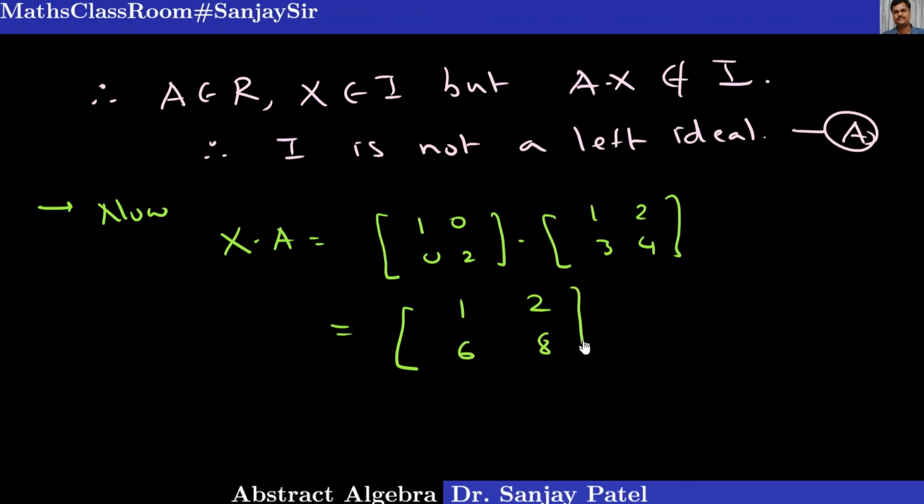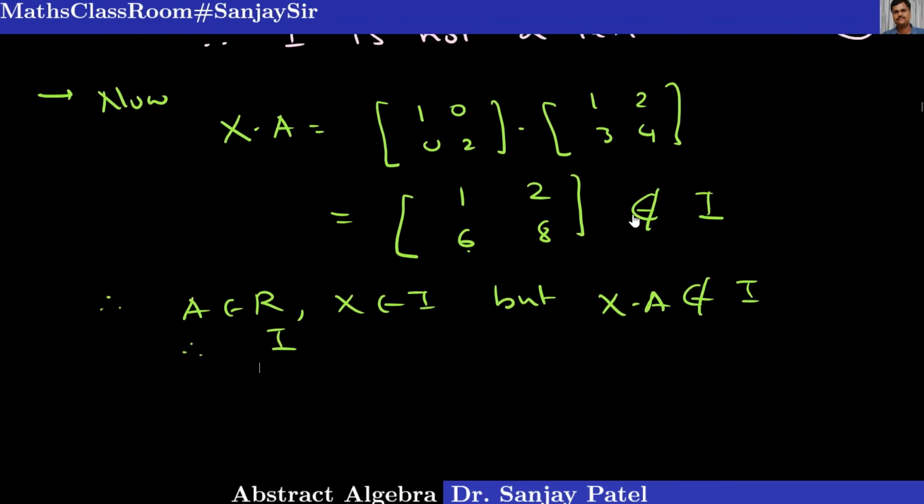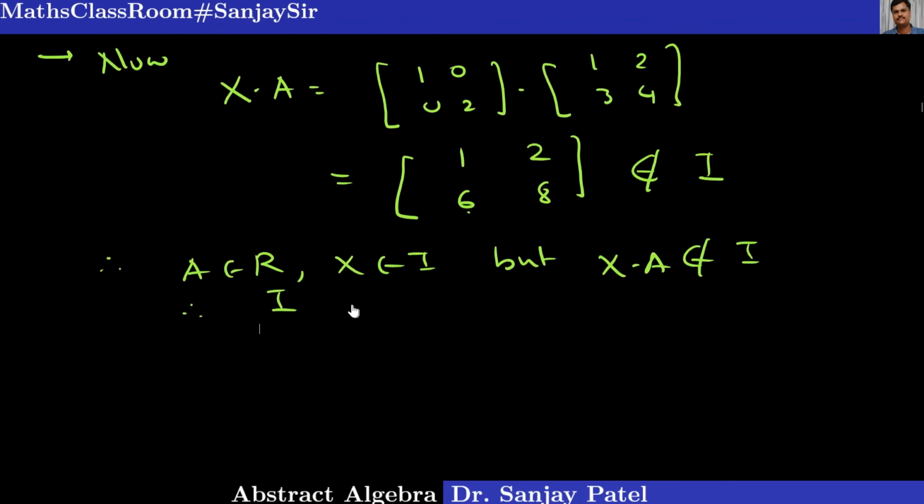So we get this matrix, which is clearly not in I, because I contains only diagonal matrices. These two elements are not 0. So what we have proved is, for the above, A belongs to R and X belongs to I, but X into A does not belong to I, which means the set I is not a right ideal.